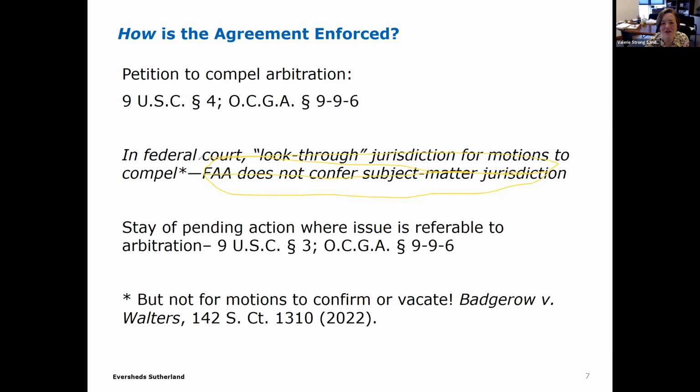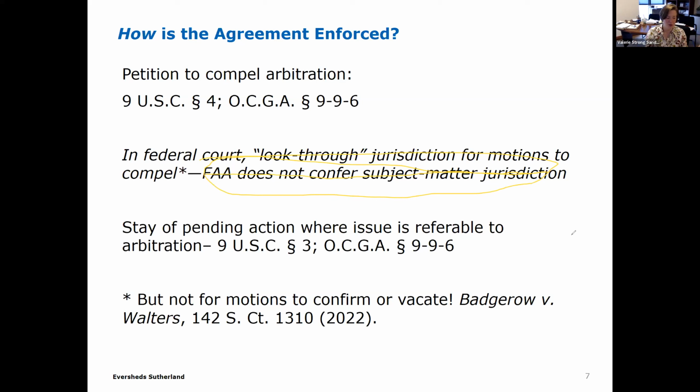But the fact that the FAA does not confer subject matter jurisdiction in federal court is something that I find even seasoned lawyers who don't practice regularly in the area not thinking about. If they thought about it, I think they'd get it right, but it doesn't crop up as an issue because it's a federal act about arbitration.